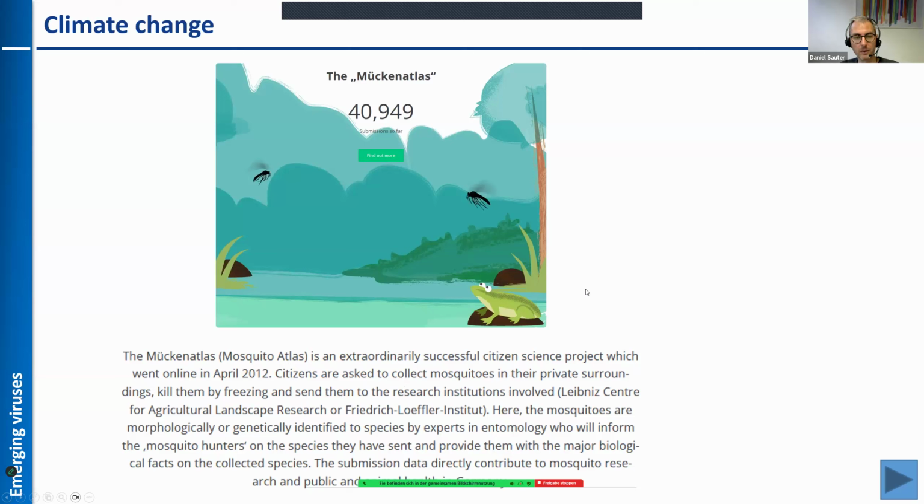Then they will be analyzed, so the species will be determined. In the end, this allows us to draw a mosquito map, like a prevalence map, all over Germany, and to more easily detect emerging mosquito species. And this leads to some interesting findings.